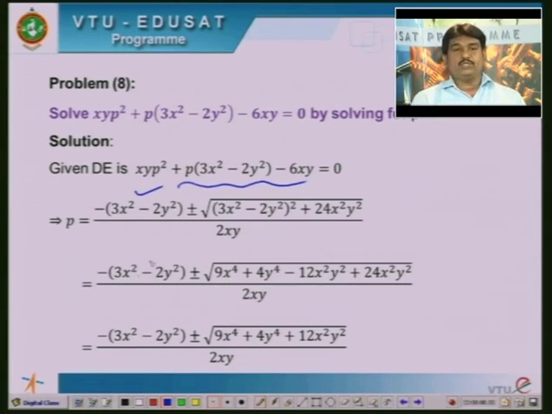Next step, it is minus of (3x square minus 2y square) plus or minus root of, you expand this (a minus b) whole square formula and simplify this to get p as minus of (3x square minus 2y square) plus or minus root of 9x to the power of 4 plus 4y to the power of 4 plus 12x square y square, divided by 2xy.